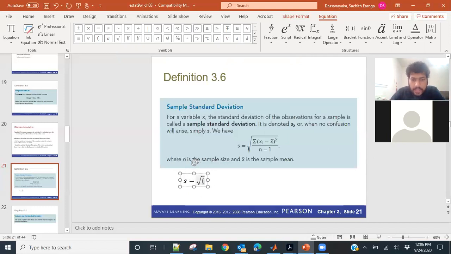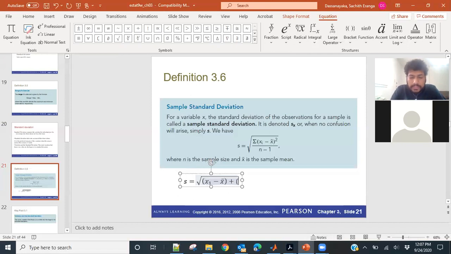So this xi I'll denote by x1: x1 minus x bar, your sample mean. Summation means plus, so plus the second observation. x1 means the first observation, x2 is the second observation.